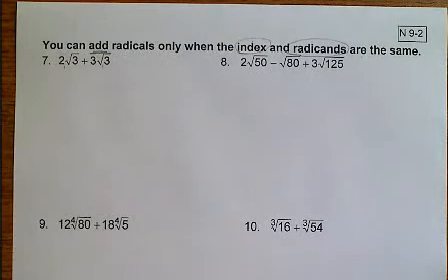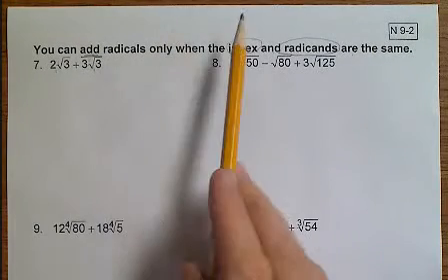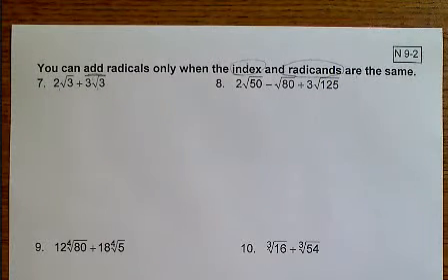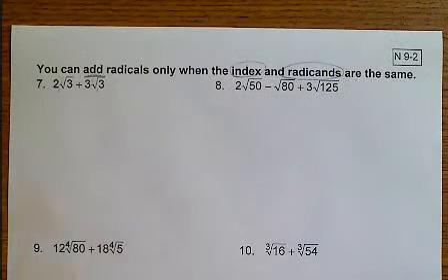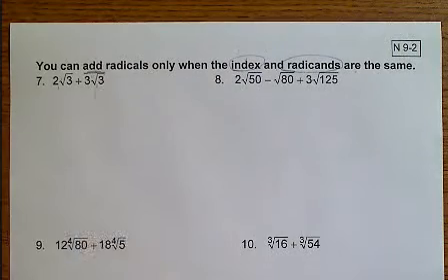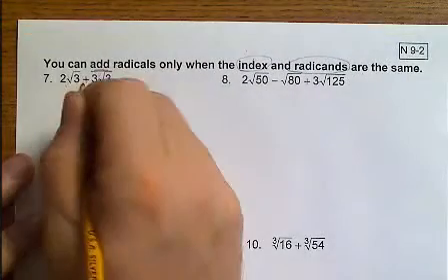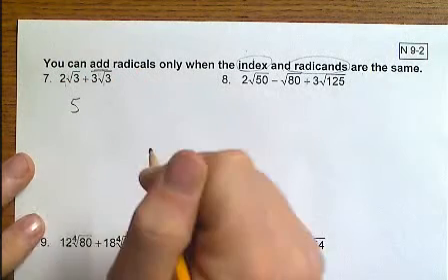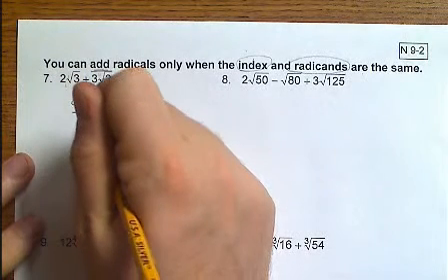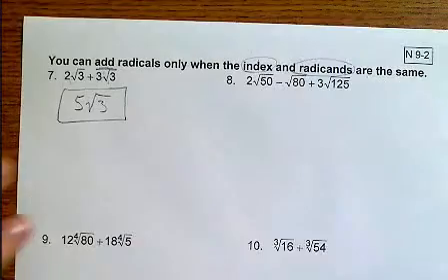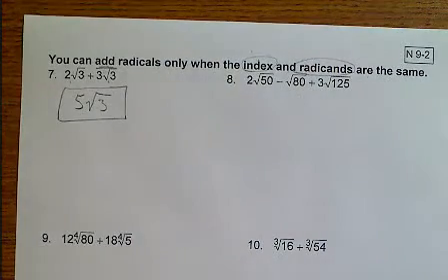So they're the same. Check. Now the radicands, they're both 3. So basically this is the same as 2x plus 3x, but instead of x, they've given us the square root of 3. So 2 plus 3 makes 5 on the square root of 3.